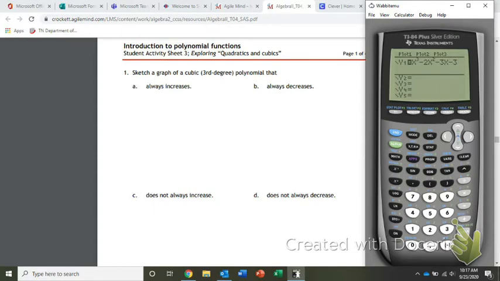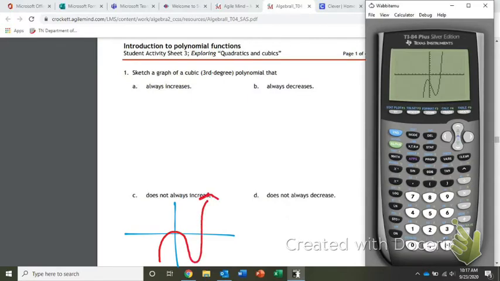And I'm going to hit graph. Now, you'll notice that this graph first increases, then it decreases, and then it increases again, right? So it was y equals x cubed minus 2x squared minus 3x minus 3.